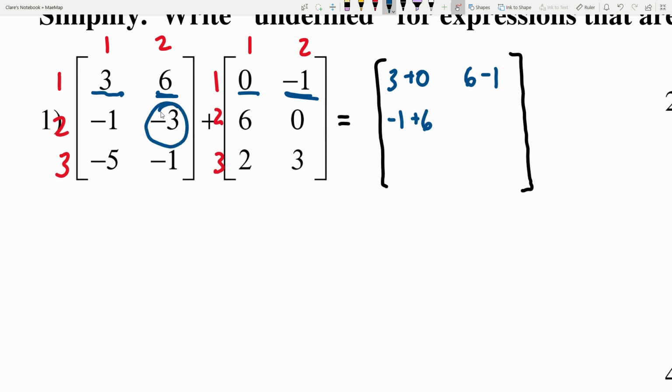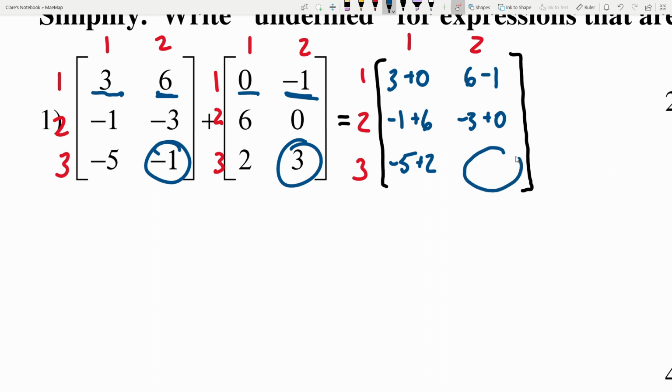Now row 2, column 2 will get added to row 2, column 2 in row 2, column 2 of my answer. So negative 3 plus 0. Finally, row 3, column 1 plus row 3, column 1 is going to be negative 5 plus 2, row 3, column 1 in my final matrix. Then row 3, column 2 plus row 3, column 2 will be row 3, column 2. Negative 1 plus 3.